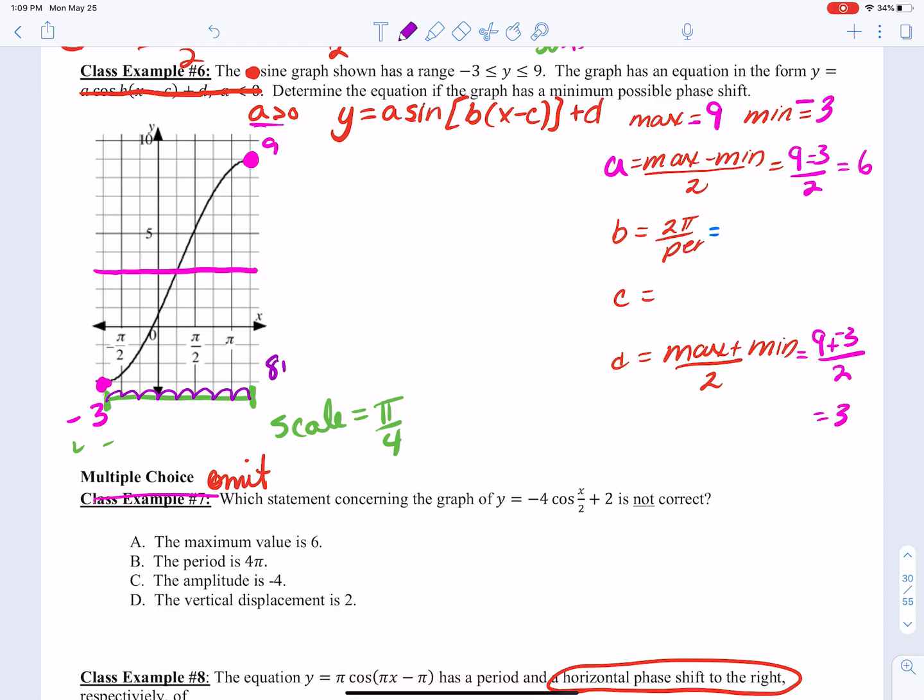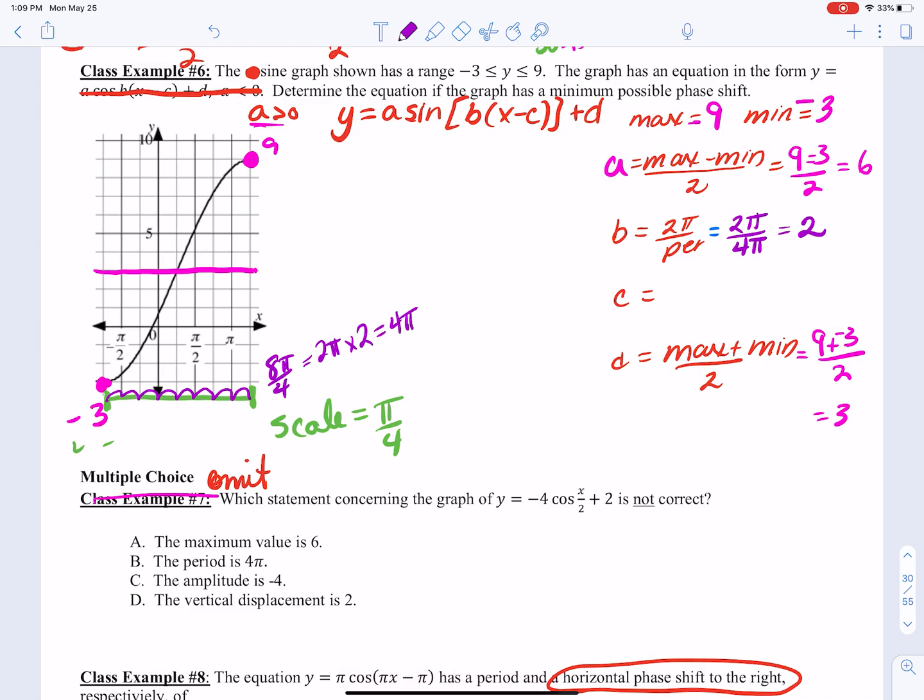It took 8 pi over 4 to get through half, which is equal to 2 pi. So I'm going to times that by 2 because it has to come back down to the min, and it's going to take just as long. So the period of this function is 4 pi. So my B value is going to be 2 pi divided by 4 pi, which is 2.